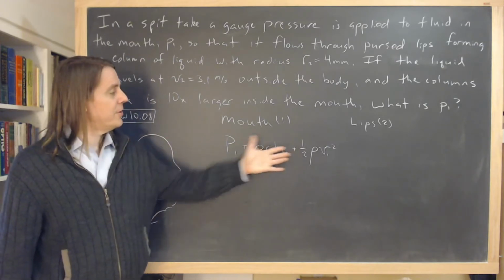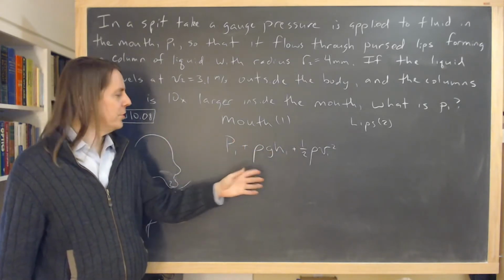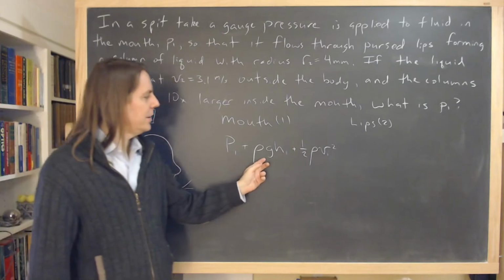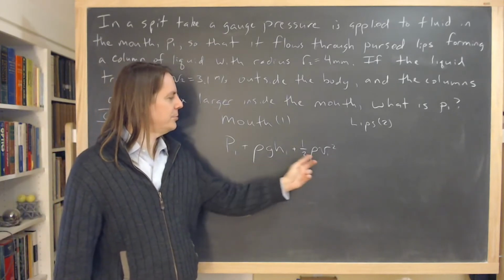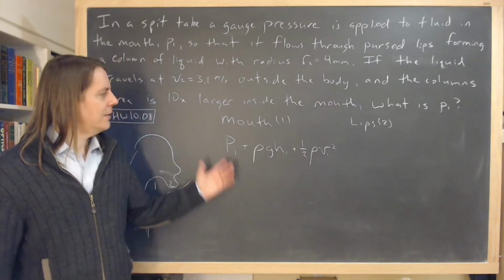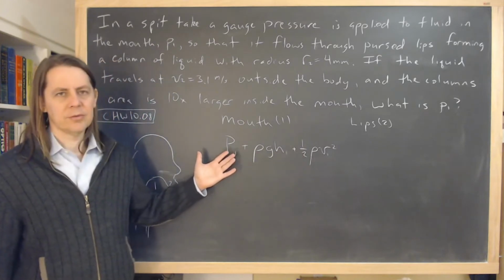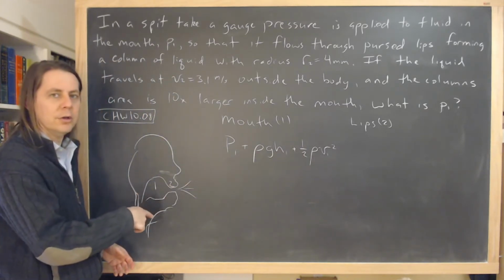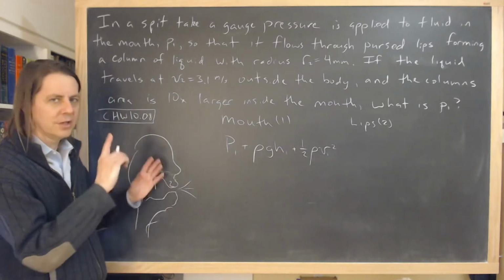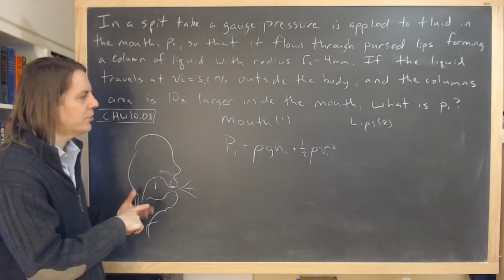We got this just by thinking of conservation of energy for the fluid. This is how much work you're doing on it, and its gravitational potential, and its kinetic energy. And what we decided was this is constant for any point in a flow for an incompressible fluid with no viscosity, and so on. So under our assumptions, this is constant.